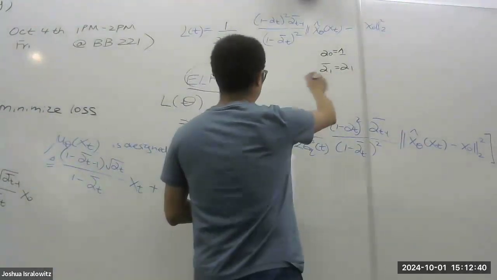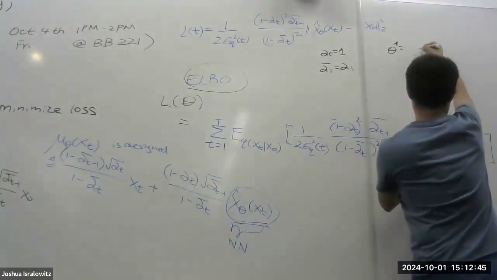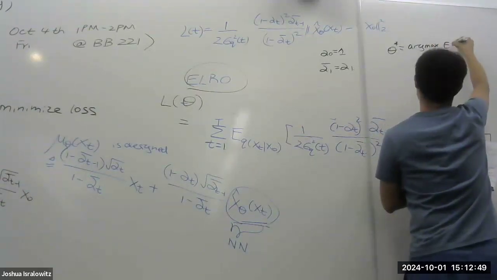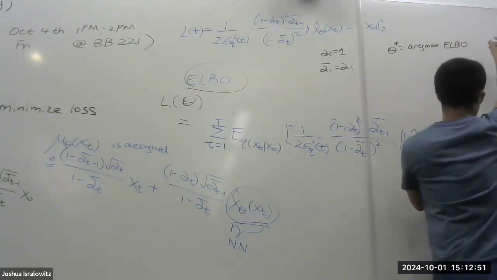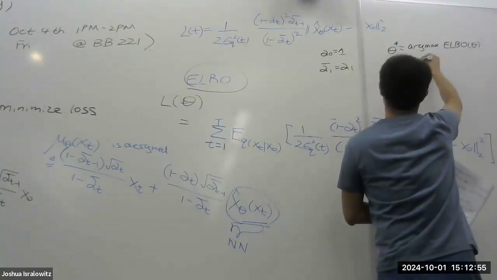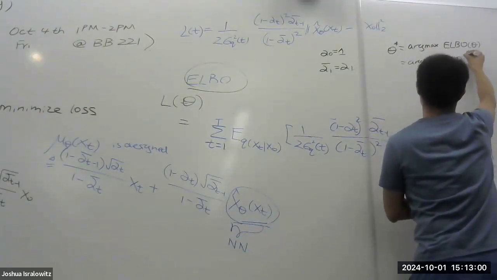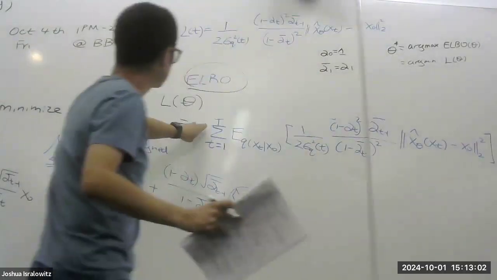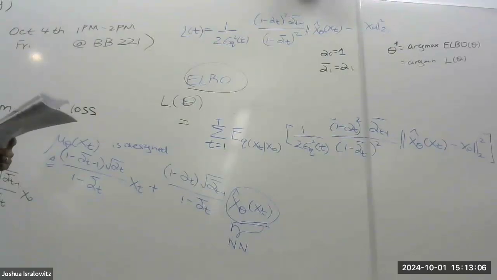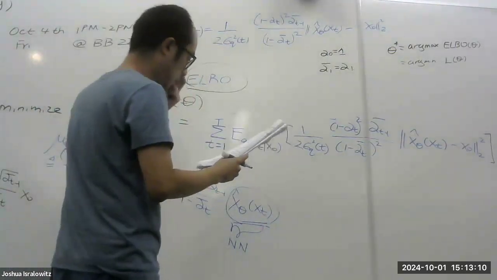And a better way to say it, theta star equals argmax of ELBO, which is also an argmin of my negative ELBO. Because I remove this minus sign, the maximization problem becomes the minimization problem.